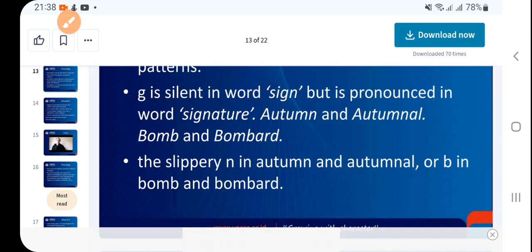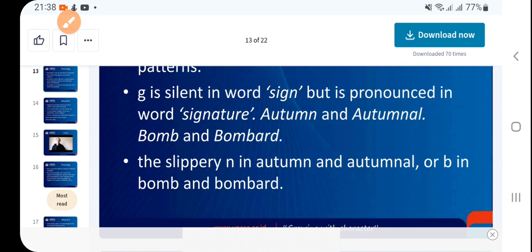pronounced. Autumn and autumnal, right? Bomb and bombard, right? So autumn and autumnal have a different sound.